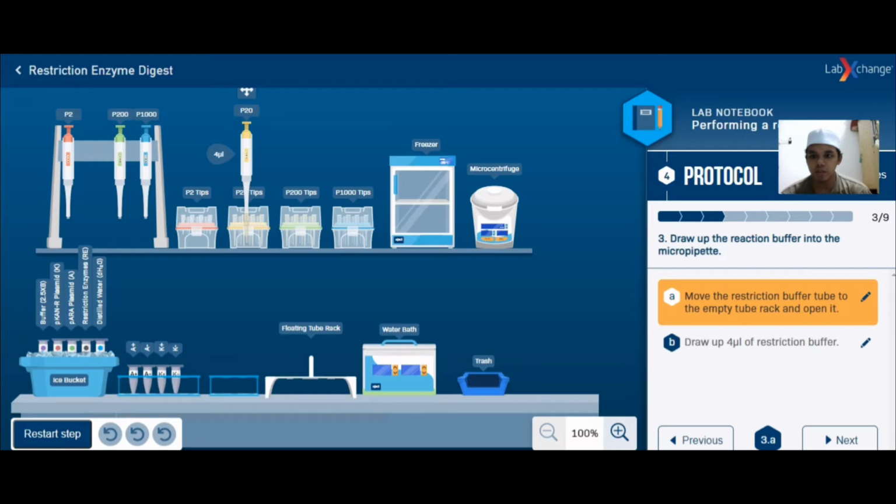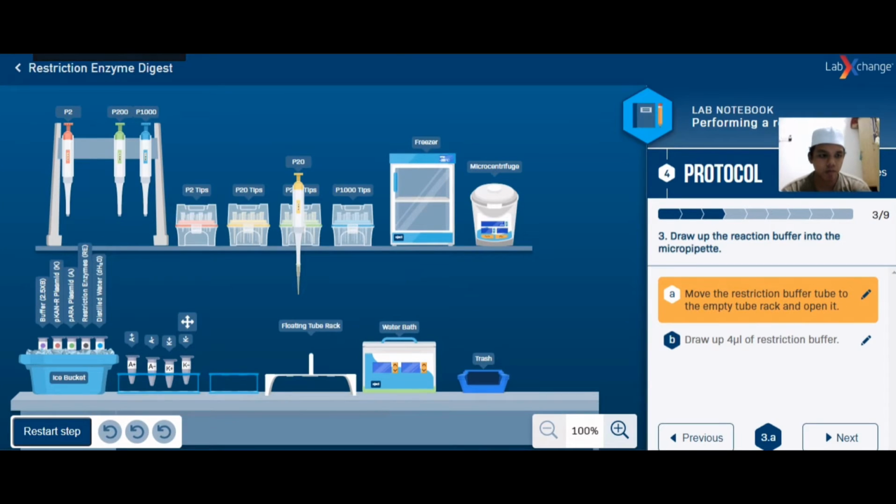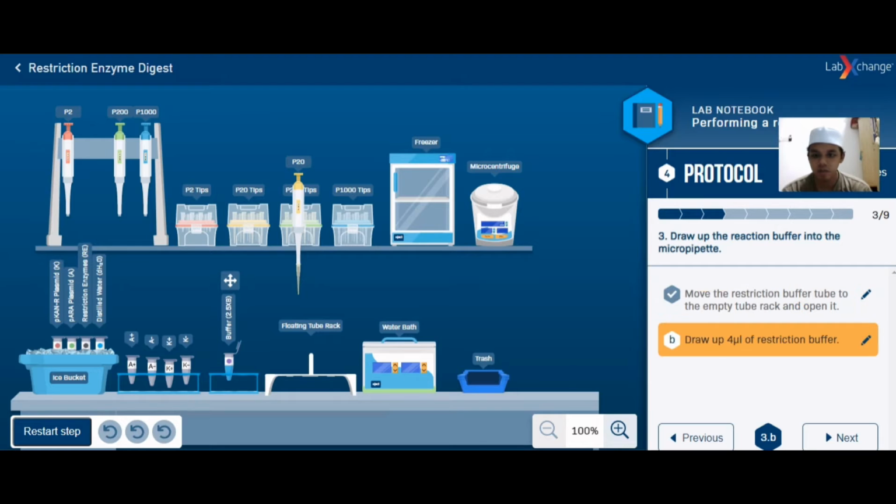We need to draw up the reaction buffer into the micropipette. Next, we need to draw up 4 µl of restriction buffer.